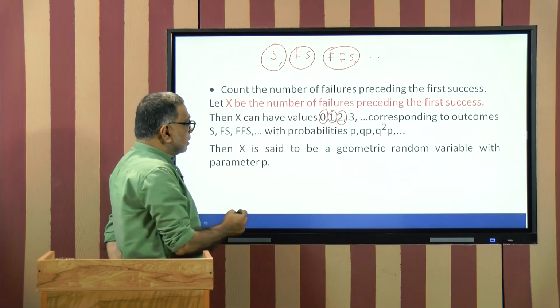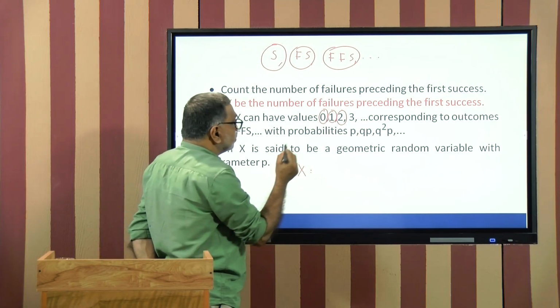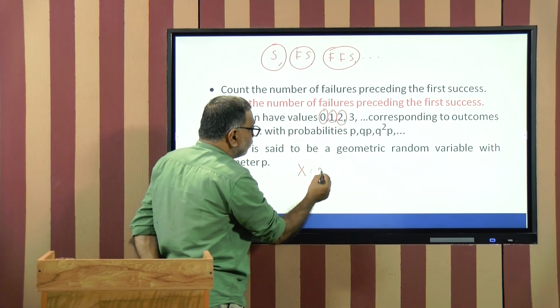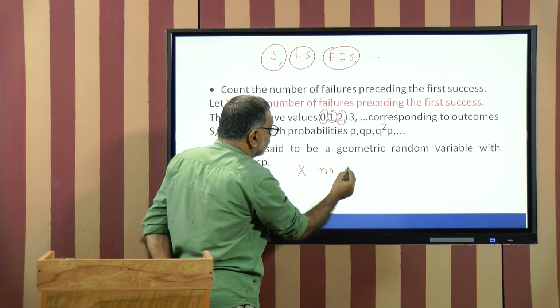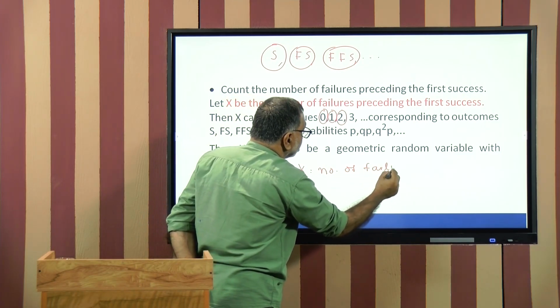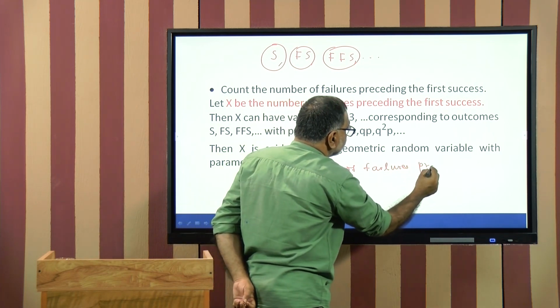So, suppose you define a random variable X, the number of failures preceding the first success.